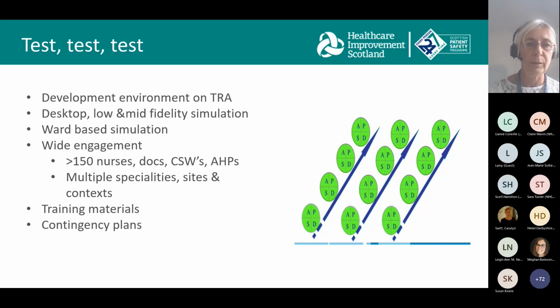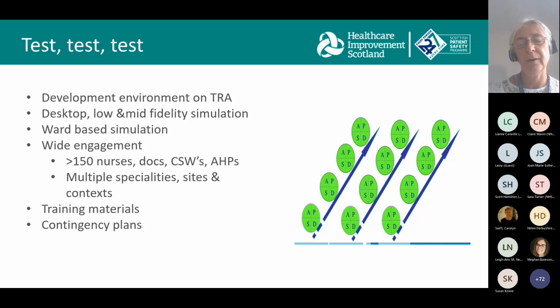And we've done that with multiple staff of different grades, different professions, in different specialities, sites and contexts.